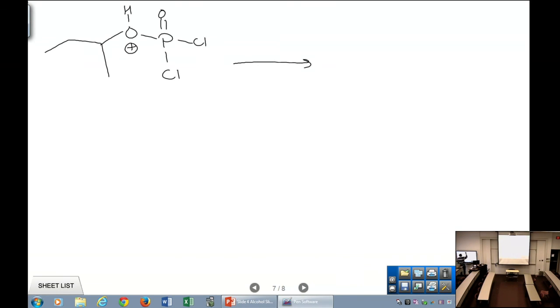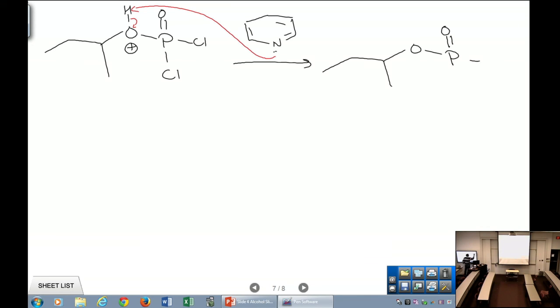Now our pyridine that we have in that reaction, just like we saw with the other reactions, can act as a base and remove this proton. And we get to this right here. Now this is a very good leaving group.